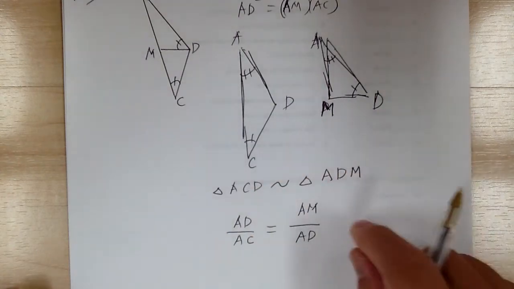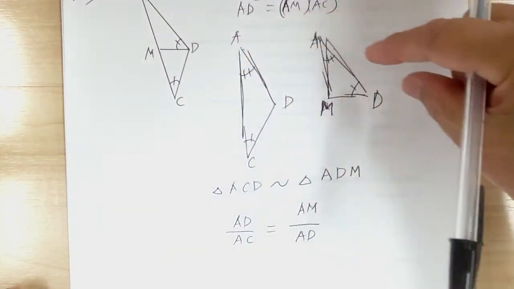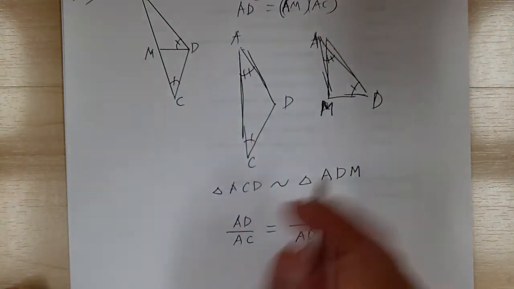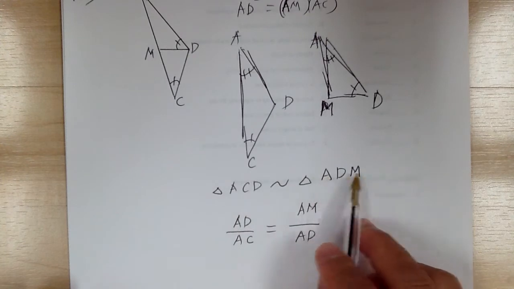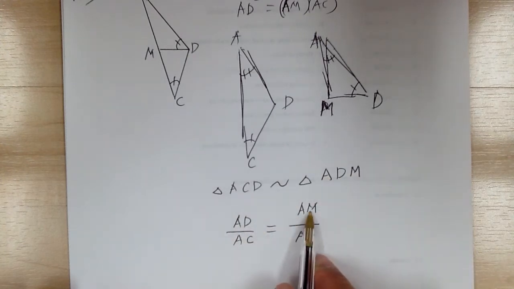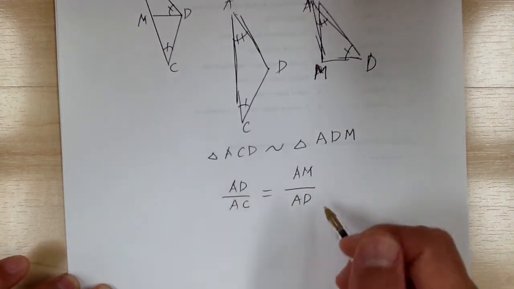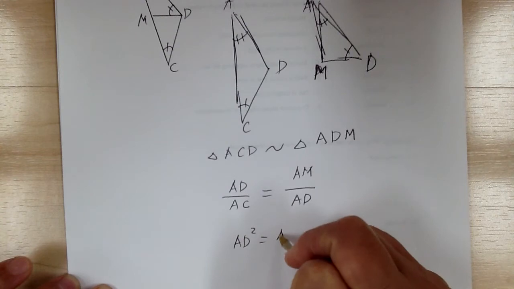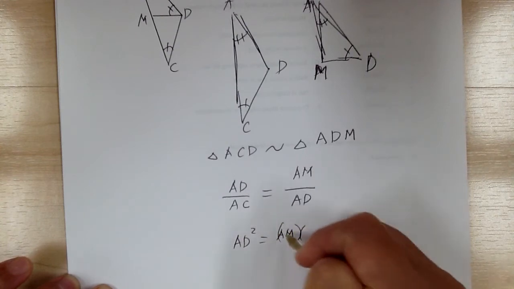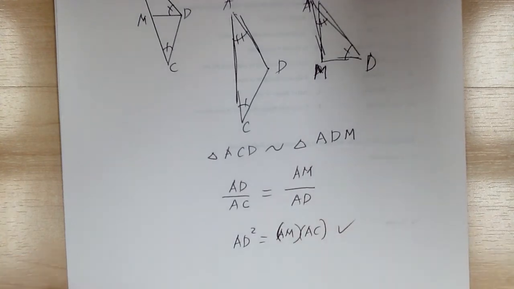So AD over AC will equal AM over AD. Matching up things carefully, you can see it from here: AD matches with AM, AC matches with AD. Then after that, you cross multiply. So you got AD squared equal to AM times AC, and that's what we need to prove.